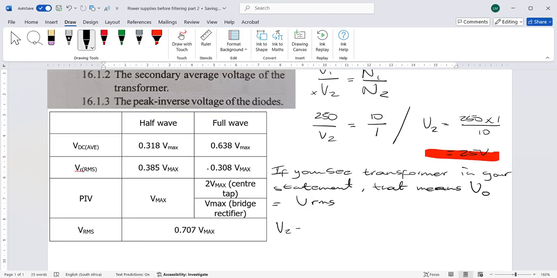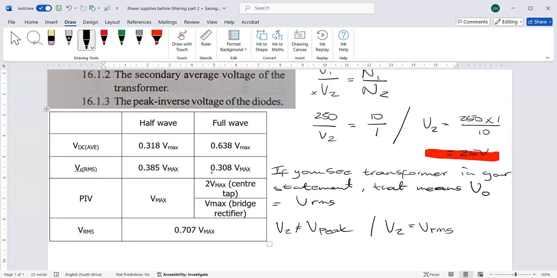V2 is not equal to V peak. Instead, the V2 that you calculated, because of the presence of a transformer, is equal to V RMS.